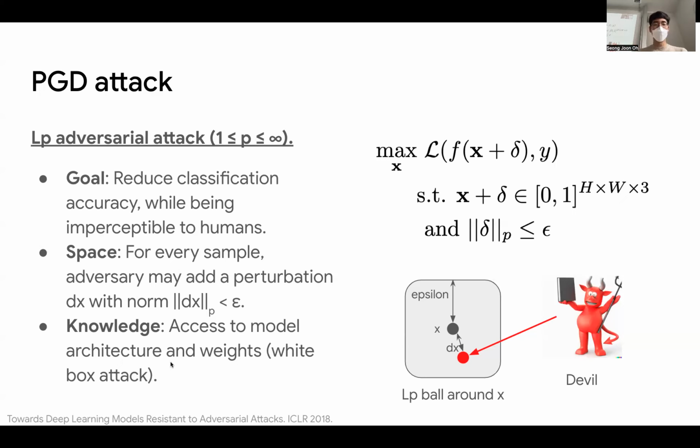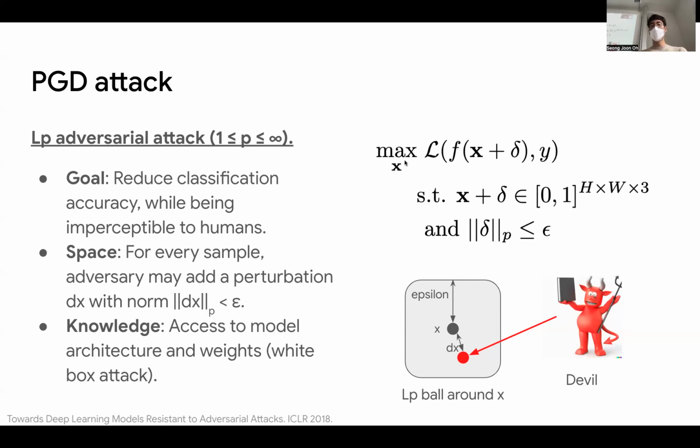So why do you need this kind of knowledge? It's because you need to compute the input gradient, and for that you basically need the backward function of this model, which requires all the structural details of your model and the weights. So the devil knows everything about you and generates the most critical direction based on your current status, the theta values. The optimization problem looks like this.